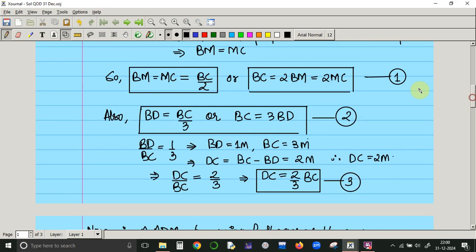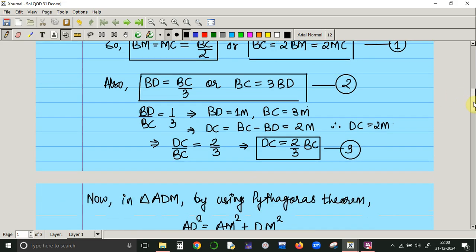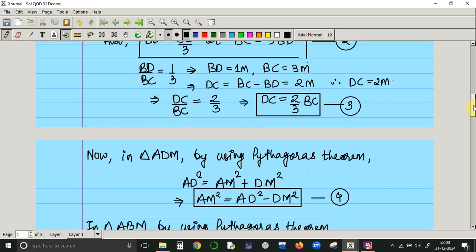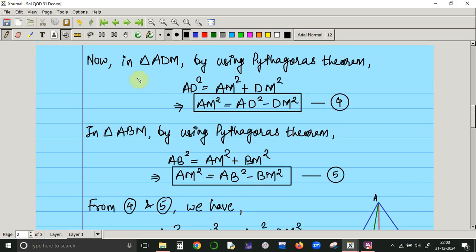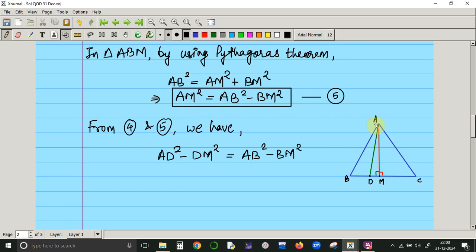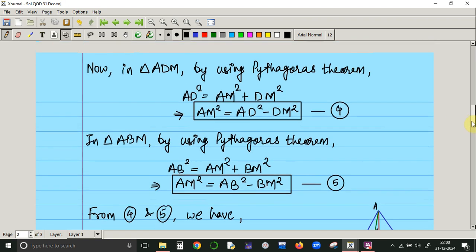So we have to remember these 3 equations till the end. They are very useful equations. I am going to use them at the end of the solution. Let's move further. Now in triangle ADM, I am using Pythagoras theorem.